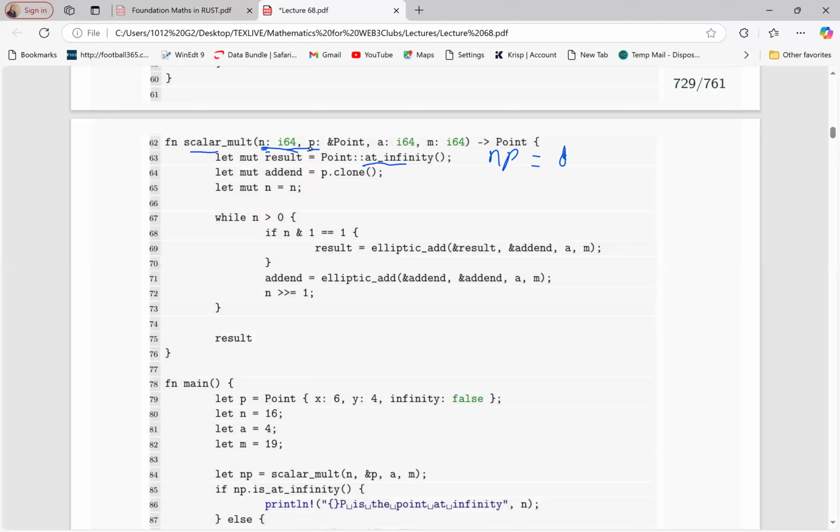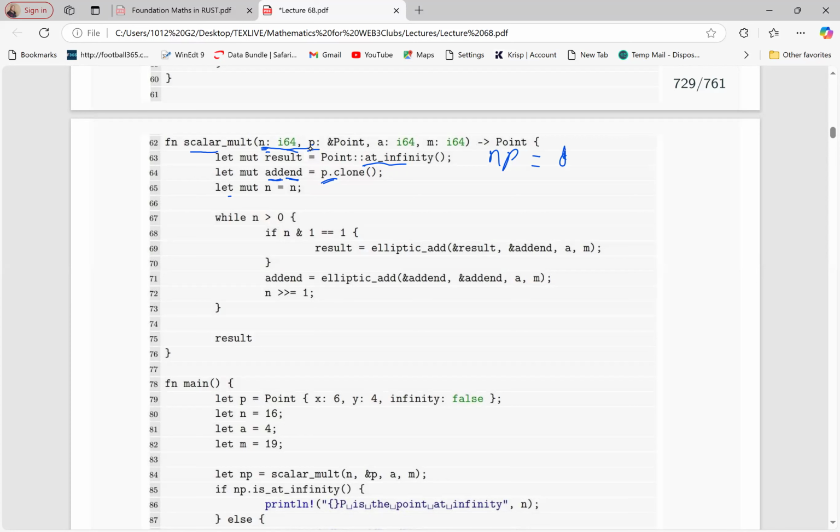Then let add end be p. So when we are adding, we want to add a point p to itself, for instance. But we begin by letting the summation be p.